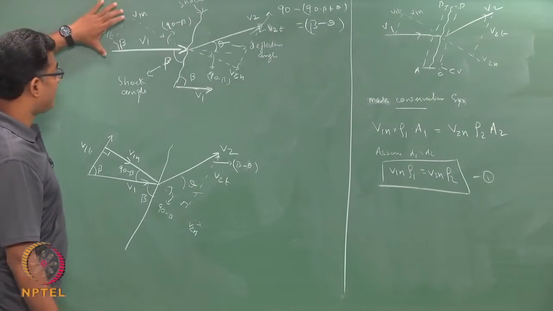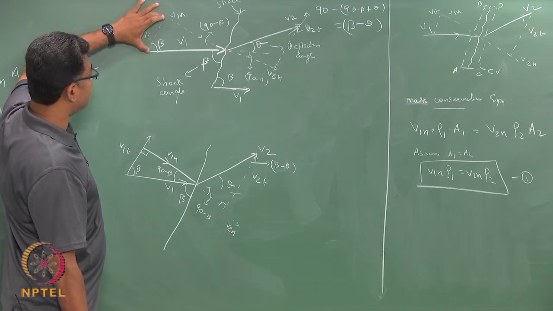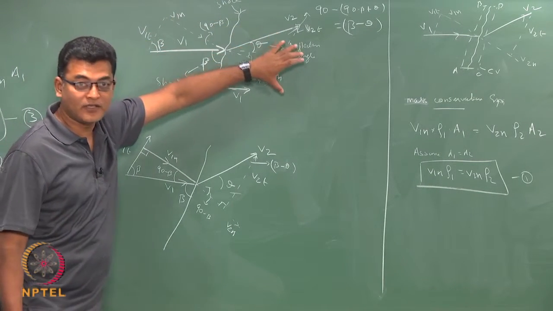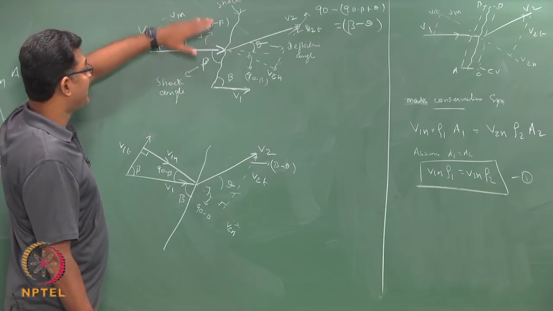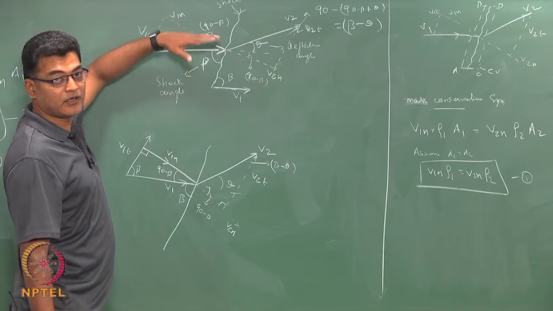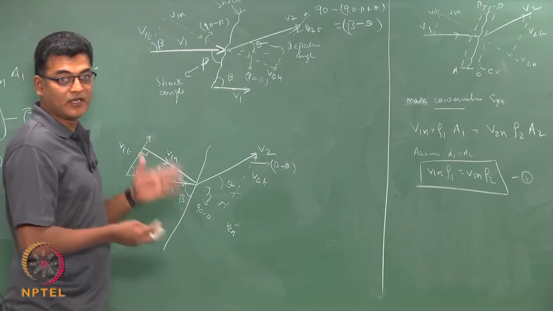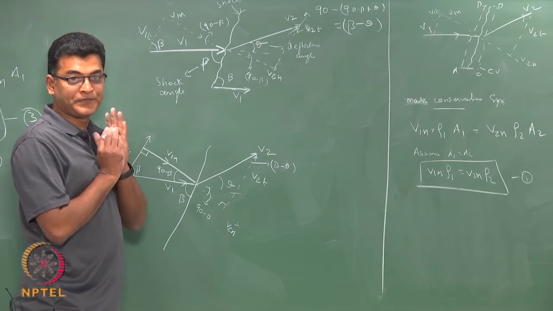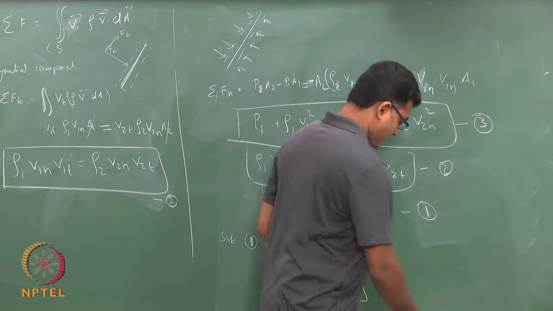Now, that is very powerful information we have. So, the tangential component before the shock and after the shock remains the same. Your normal velocity and the resultant velocity change, whereas the tangential component remains the same. So, now we will proceed further.